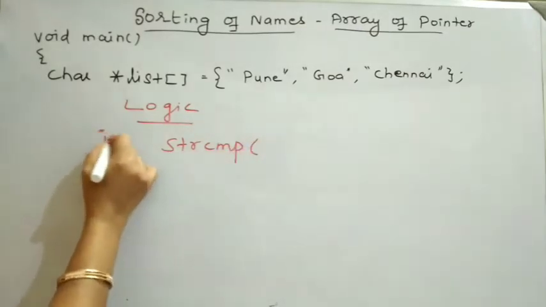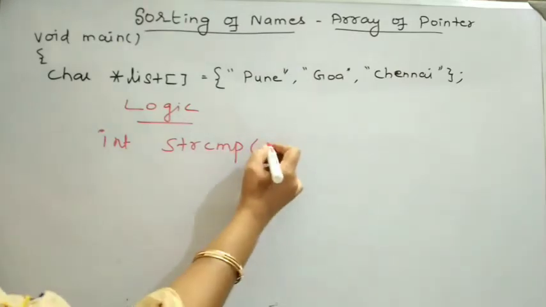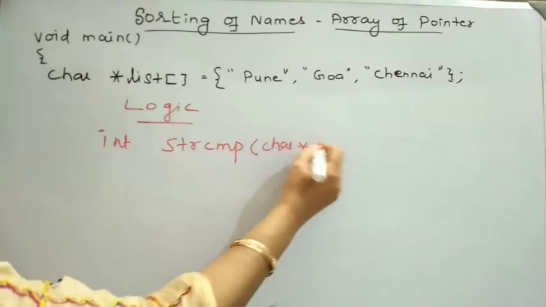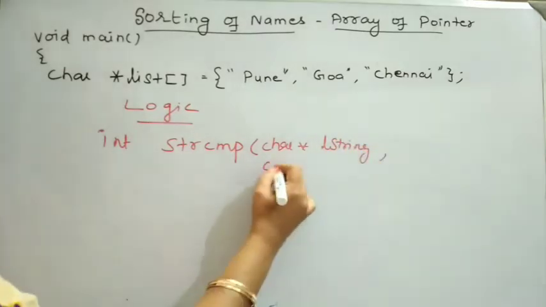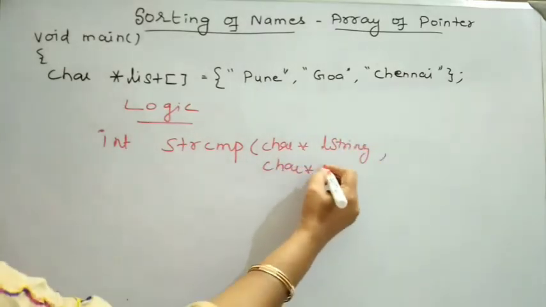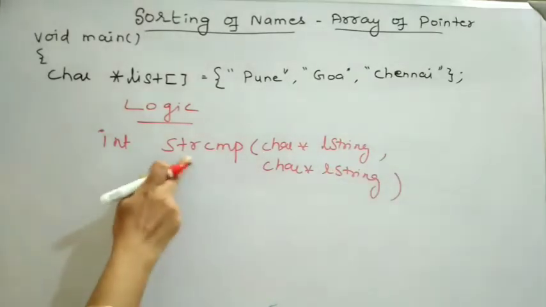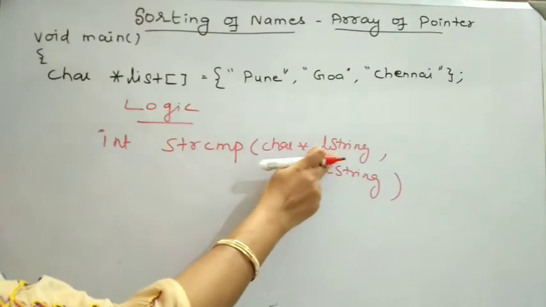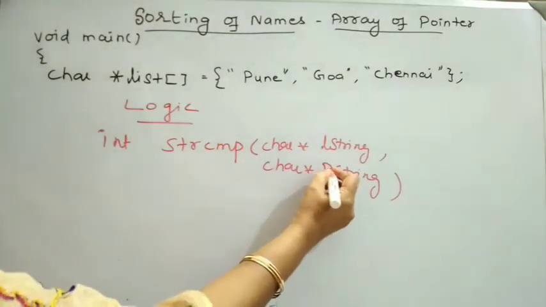It returns an integer value. The parameters to the string compare function are char star left string, comma, char star right string. So the parameters to the string compare function are a left string and a right string.